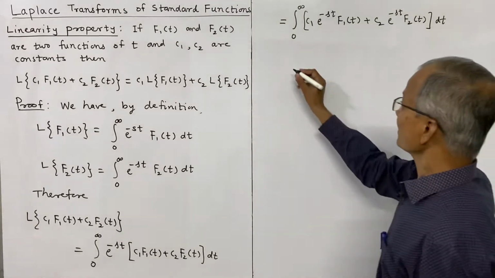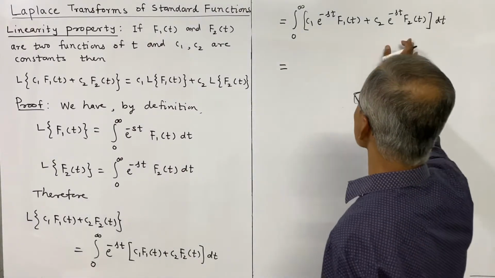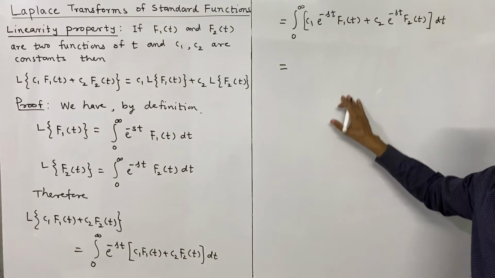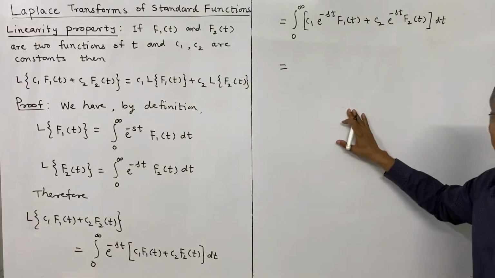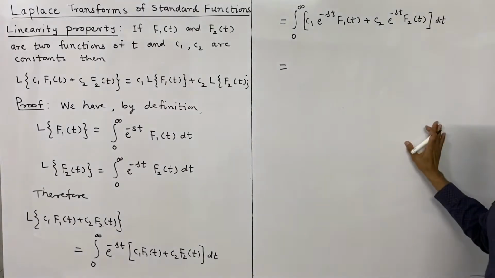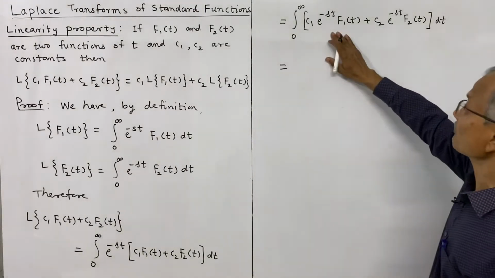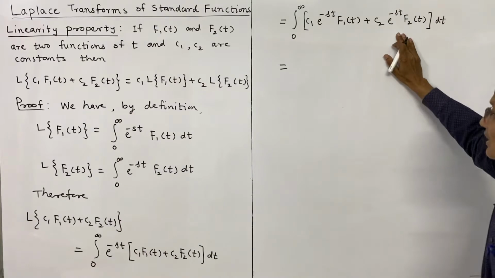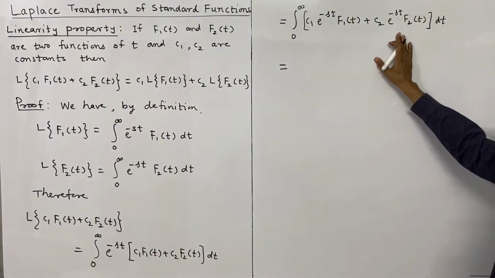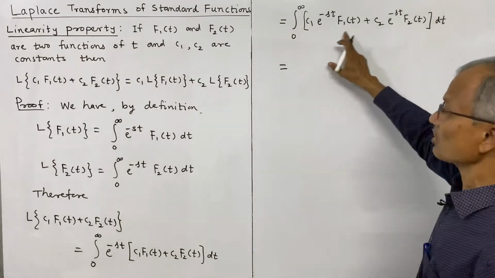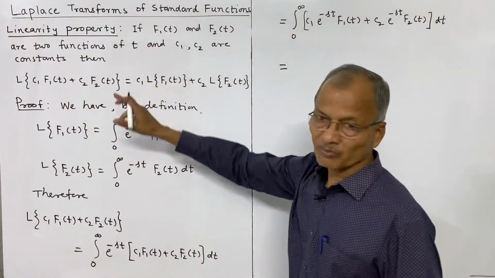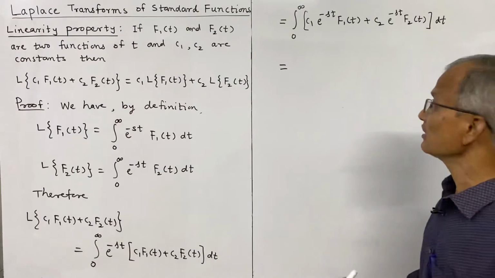Now further we can separate the integral by using the property of definite integral: integration of f(x) plus g(x) dx is integration of f(x) plus integration of g(x). That means integration of the first plus integration of the second function. While writing these separate integrals, we note that c1 and c2 are constants, and therefore these can be written outside the integral.